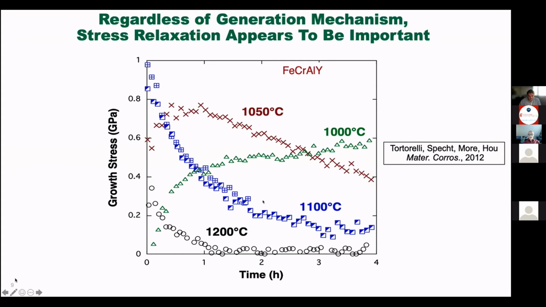You can see then at 1100, the tensile peak was even higher, but it also rapidly declined. At 1050, the peak occurred later and then started its decline. Whereas at 1000 degrees C, we never got to the point where it started decreasing with time. Again, we just went out to 4 hours.